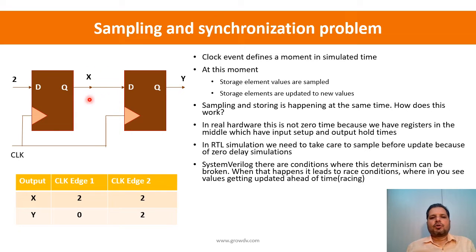Whereas the post reset value of 0 would enter into flop 2, and Y would still remain 0, right? And on clock edge 2, X will continue to have the value 2 because this input is tied to a constant value, and Y should also see the value 2, right? This is a very simple circuit and a very simple output.